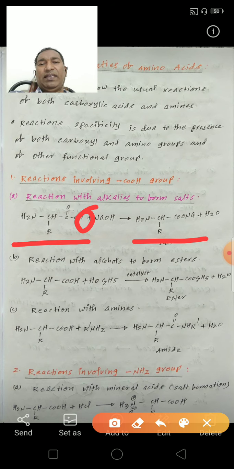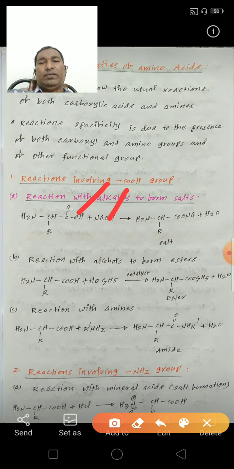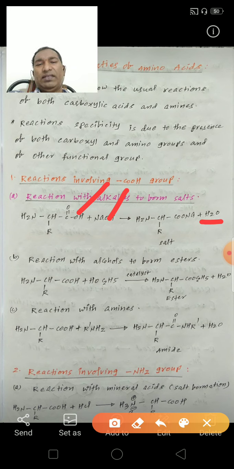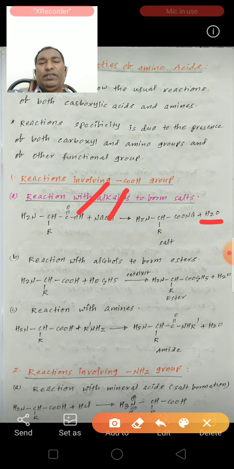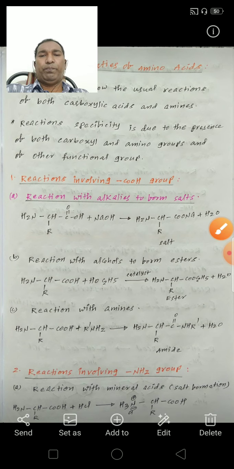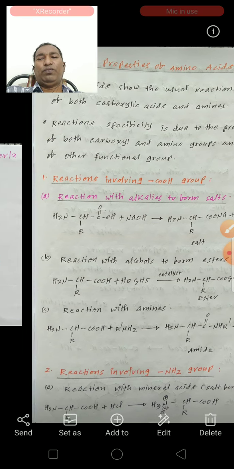The H plus ion in the carboxylic acid and the OH minus ion of the base are removed as a water molecule, so to form a salt. So these amino acids react with alkali or bases to form salts. In this reaction only the COOH functional group is involved.